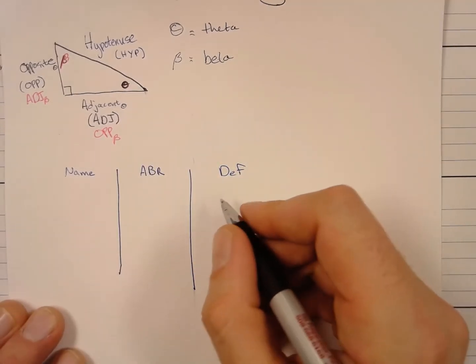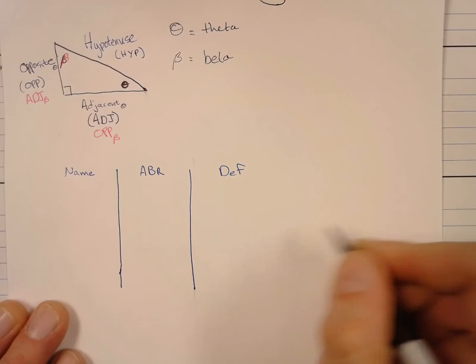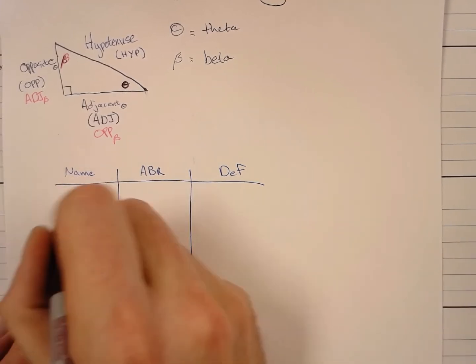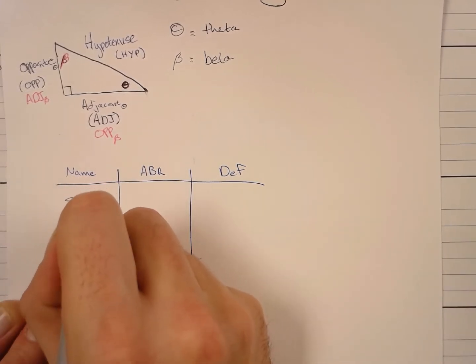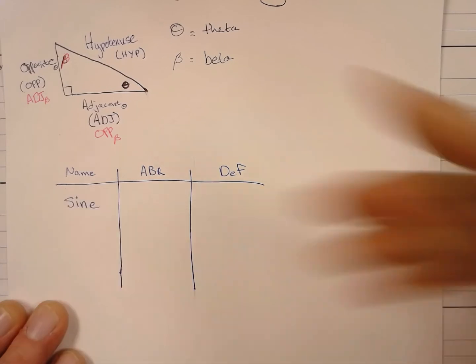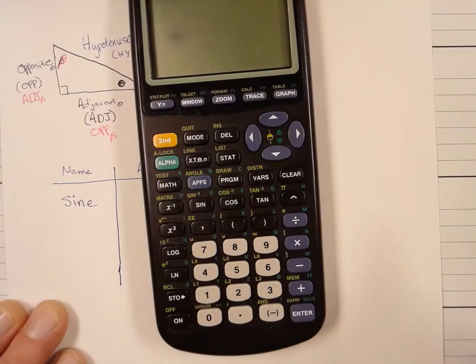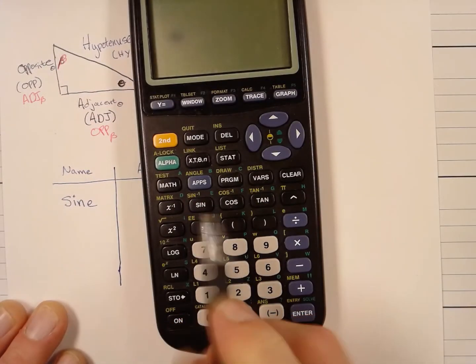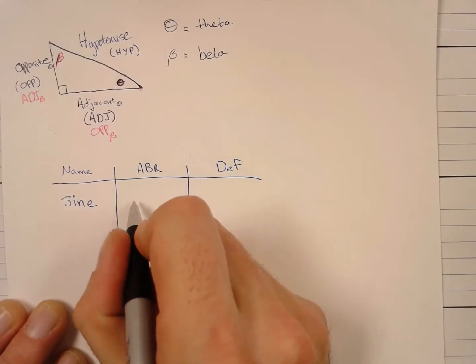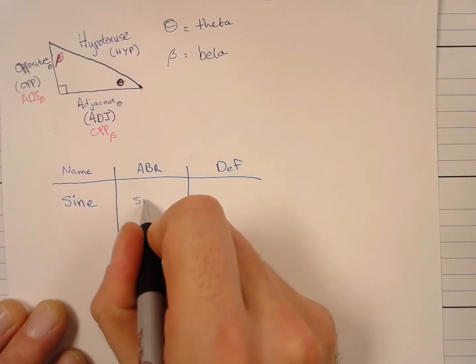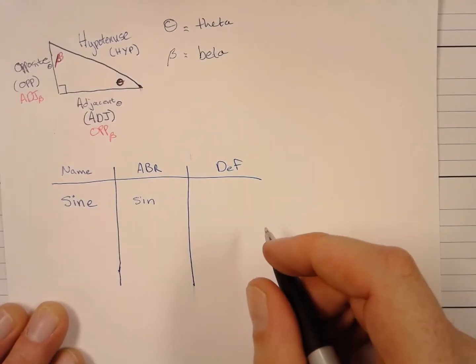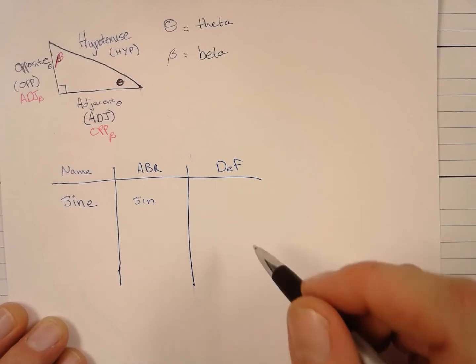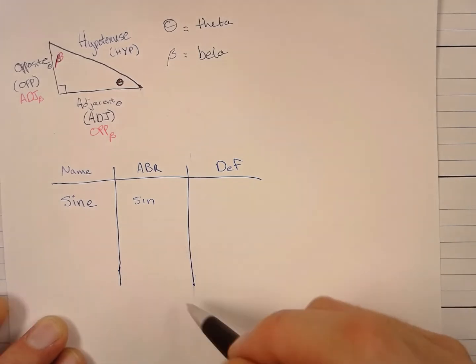So the first trigonometry function we are going to use is the sine function. You'll probably see it on your calculator abbreviated SIN. I know it looks like it says sin, but please pronounce it sine. You kind of sound silly if you say sin.